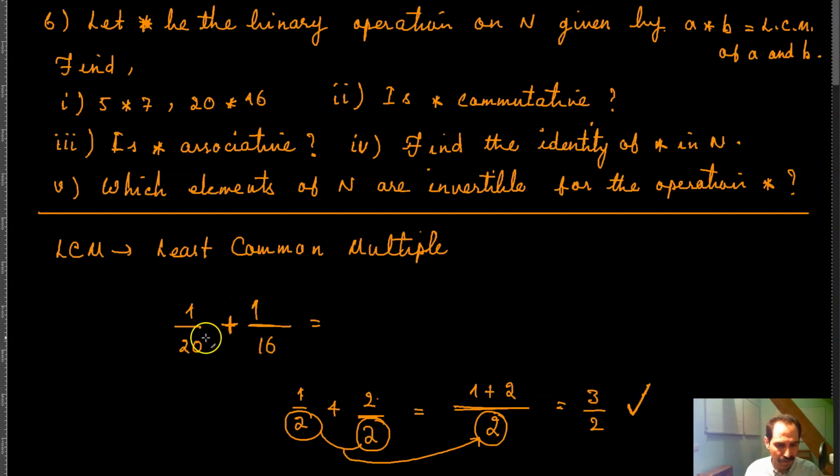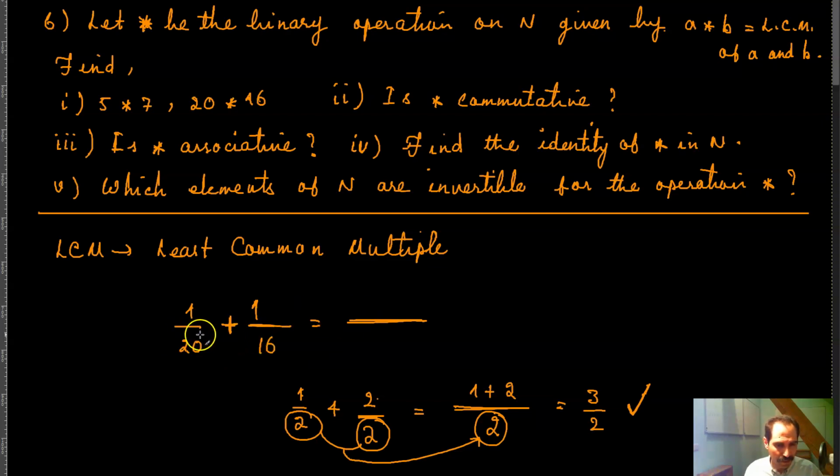The problem comes when you have 1/20 and 1/16. The denominators are not the same, meaning that if I were to add these together, I wouldn't know whether to use 20 or 16. Of course I could use neither of them because they are not the same.